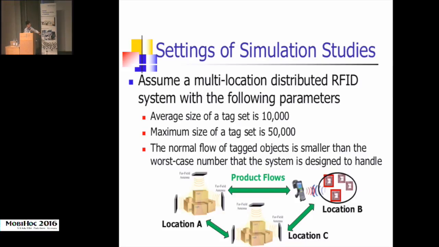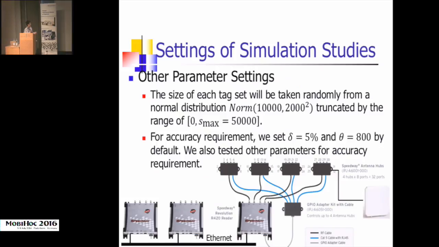So you can see the tagged products can be transported from location A to location B and then to location C. We assume at each location, the average size of a tag set is 10,000, and the maximum size of a tag set is about 50,000. So you can see the normal flow of tagged objects is much smaller than the worst case number the system is designed to handle. So 50,000 here is the S max.